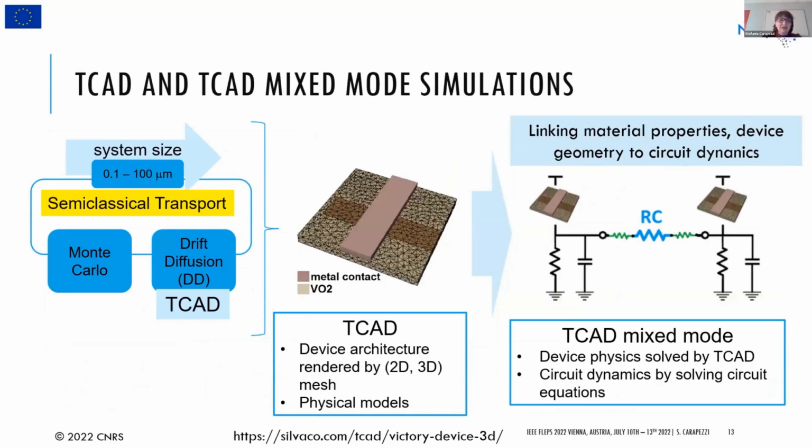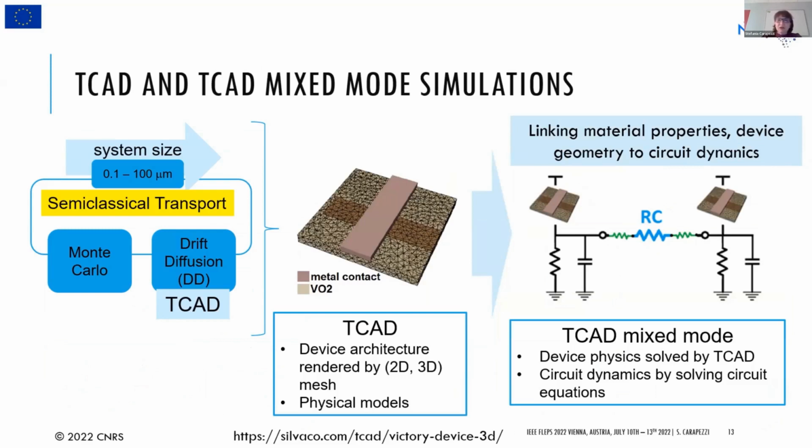So TCAD is a semi-classical transport approach, based on drift diffusion. As a rule of thumb, it works for systems whose size is between 100 nanometers up to 100 microns. And in TCAD, what happens is you essentially solve self-consistently the Poisson equation, current equation, and continuity equation.